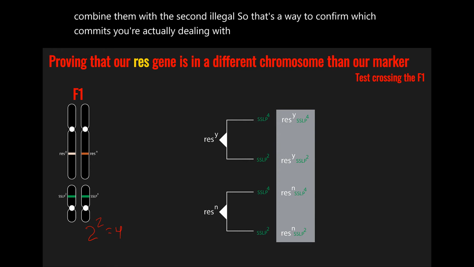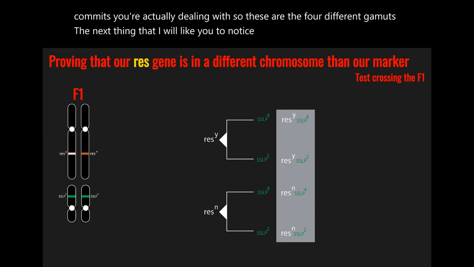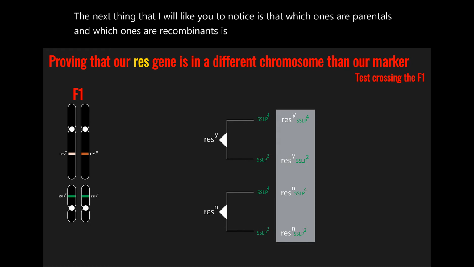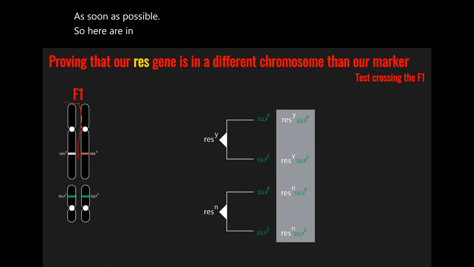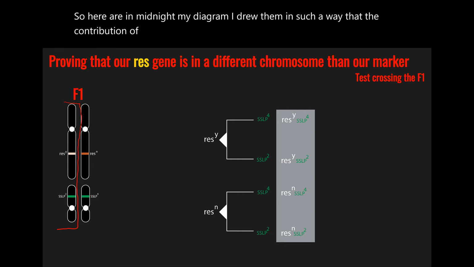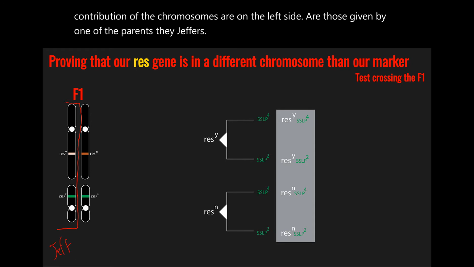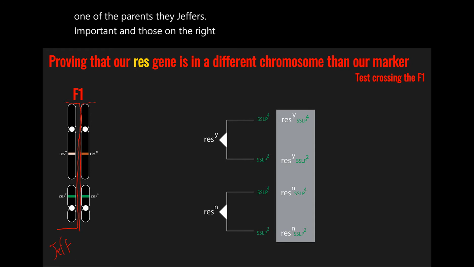So these are the 4 different gametes. The next thing that I would like you to notice is which ones are parentals and which ones are recombinants. It's usually a good idea to identify them as soon as possible. So here in my diagram, I drew them in such a way that the contribution of the chromosomes on the left side are those given by one of the parents, the Jefferson parent, and those on the right are those given by the contribution of the Pioneer parent.